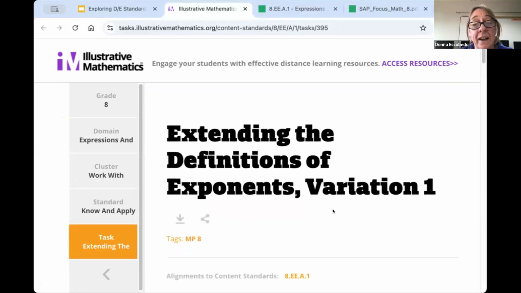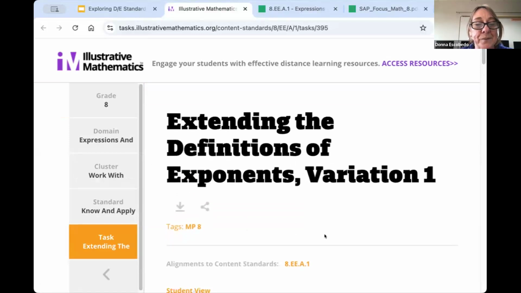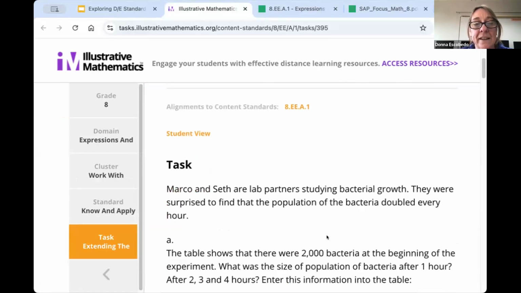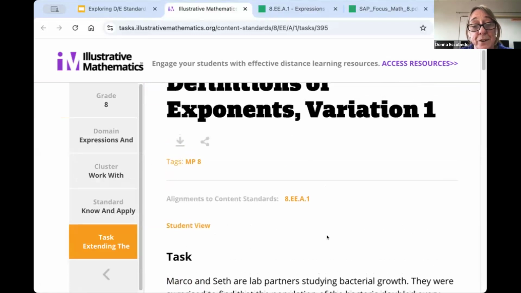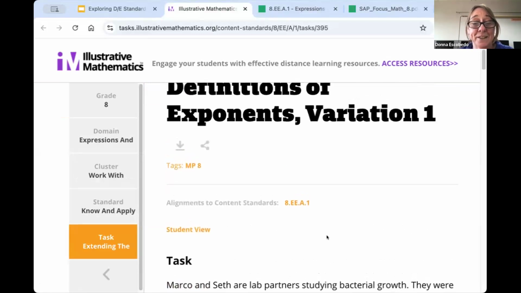And this site, we don't have time to work through these, but as we look at it, they'll give you the task. And this is a great one for working with exponents and negative exponents. I was super excited when I found it. You can do just a student view, so they're just seeing the problem.